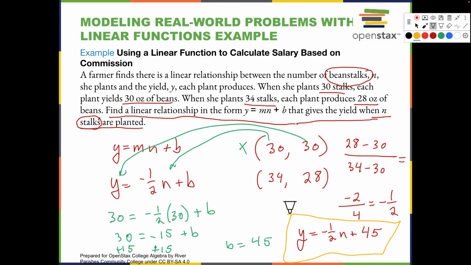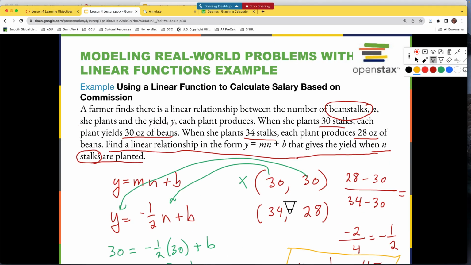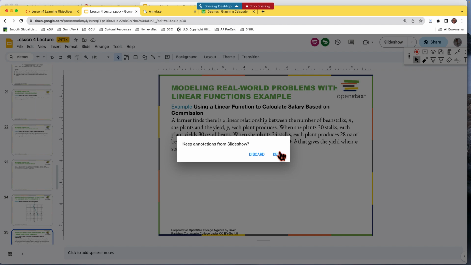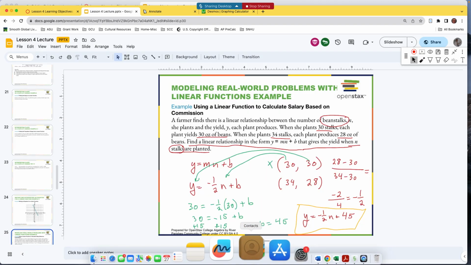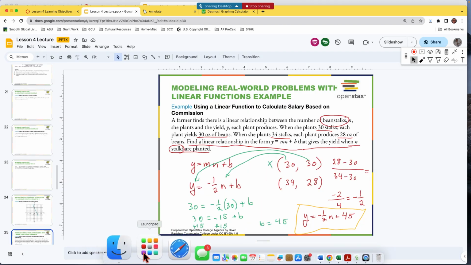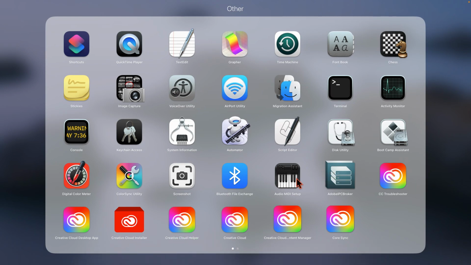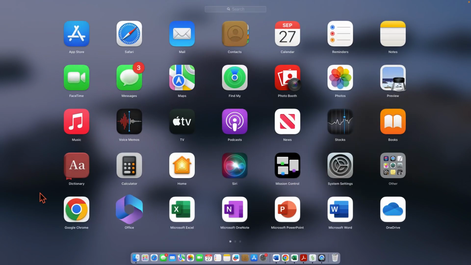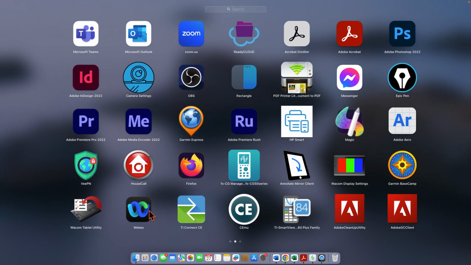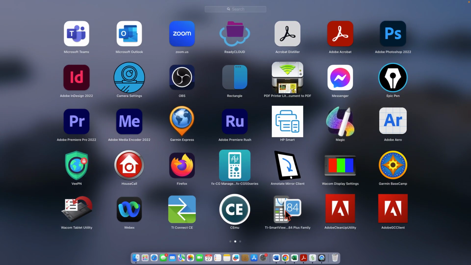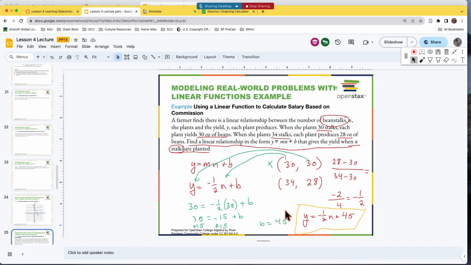We'd have to look up how to do this, but it's a similar type function. It might actually even be easier. But let me pull up my TI calculator, TI-84. Points are 30-30 and 34-28. I'll show you how to do this. Okay.